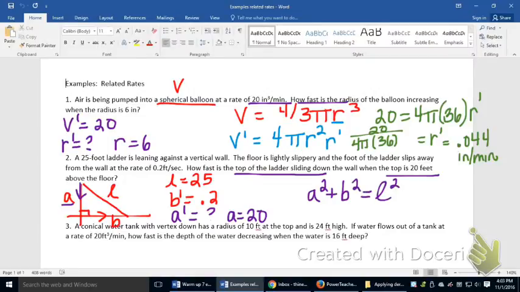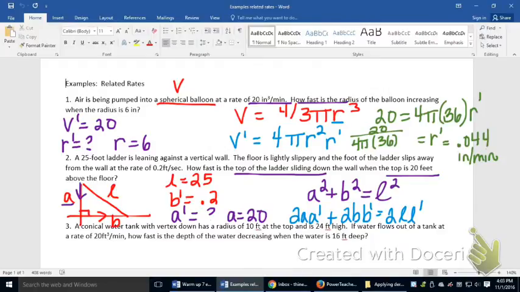Now, you're going to find derivatives. Everything is changing. The A is changing, the B is changing. The L is not changing, so that one's a little strange, but I'll show you that in just a second. Let's go ahead and take the derivatives. Derivative of A squared would be 2A, and then you put your A prime with it. 2B, B prime with it. And then 2L, and L prime with it.